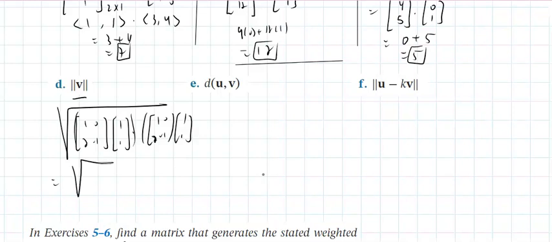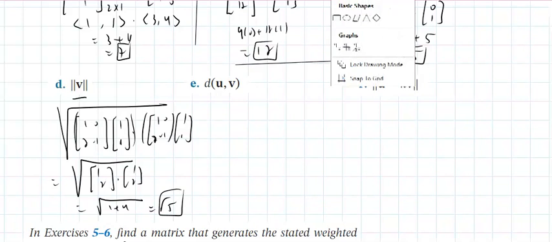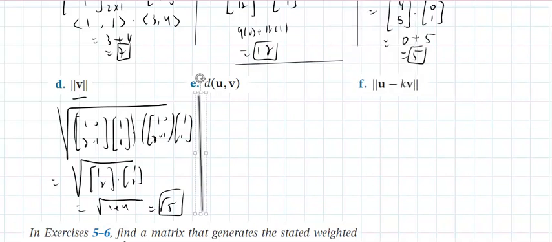That is 1 plus 0, that's 1, 2, the same thing, and that's going to be the square root of 1 plus 4, which equals radical 5. There we go. Oh, it's v, not u. My mistake. What if I want to find the distance between u and v? Well, how do we do that? We do the same thing. We'll take the square root of, and how do you find u minus v? Well, guess what?